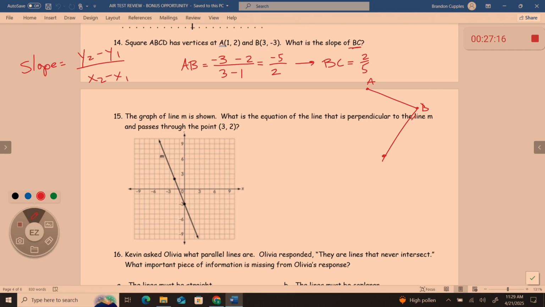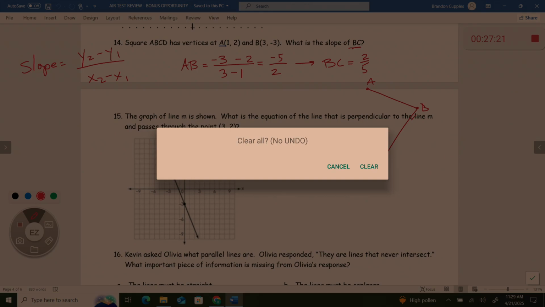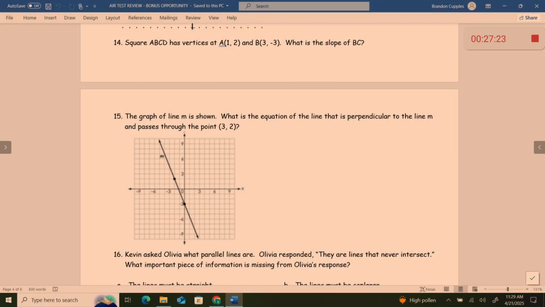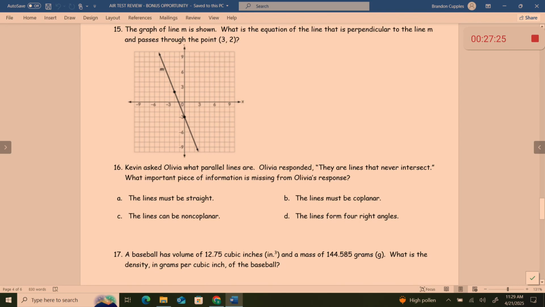Okay. All right. Number 15, the graph of a line M is shown. What is the equation of the line that is perpendicular to it and passes through (3, 2)? Okay, so we're over here at (3, 2). Now one way you could do this is find the slope here. 1, 2, 3, 4, 5 over 2.